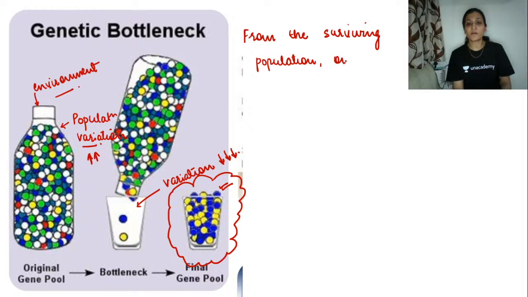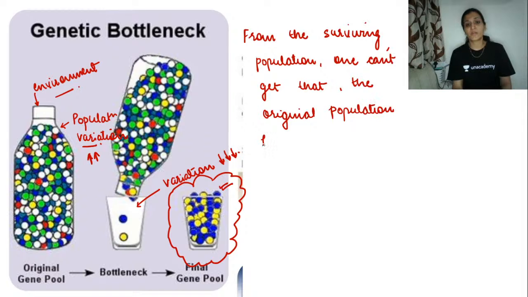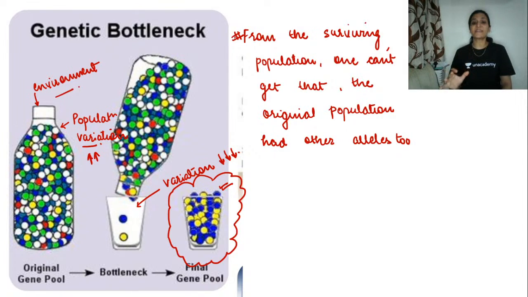From the surviving population, one cannot get that the original population had other alleles too.